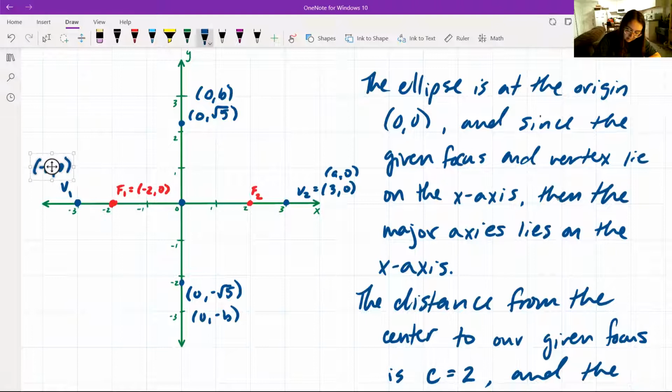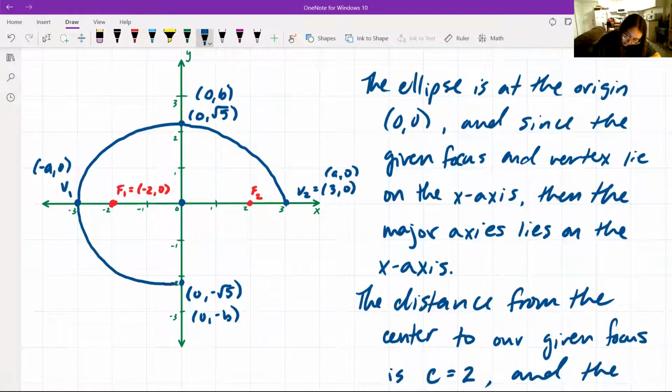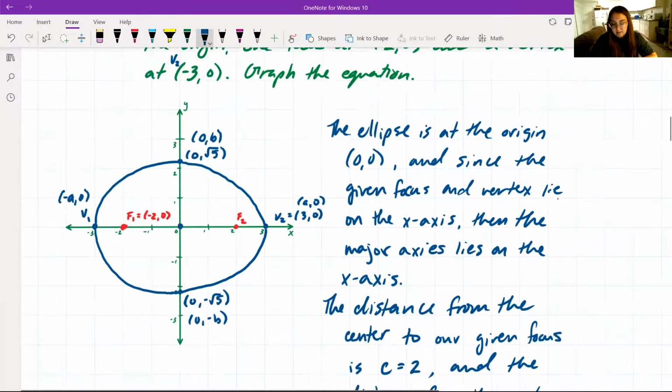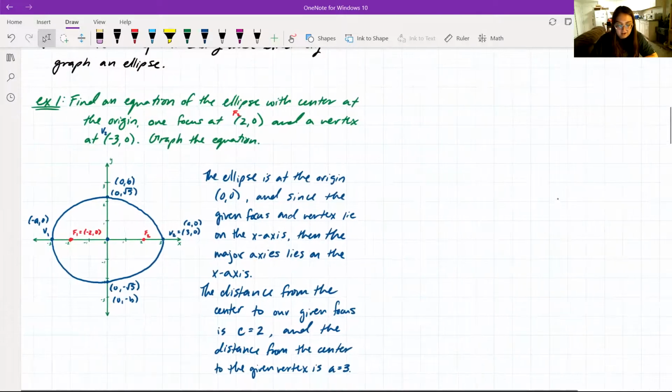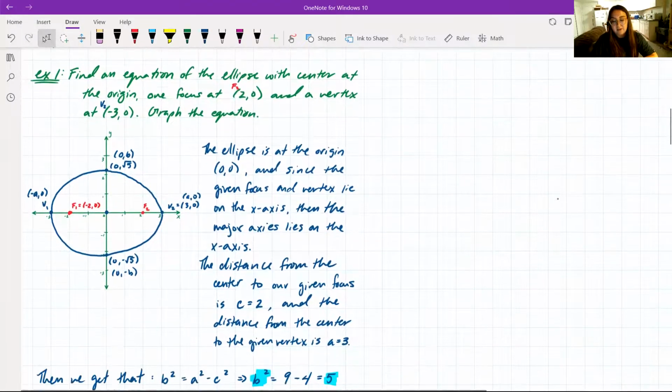Let's move this out of the way. Good enough. Connect this point down here and connect our last point. So if that were even, that would be correct. That would be our graphed equation of our ellipse in this case.